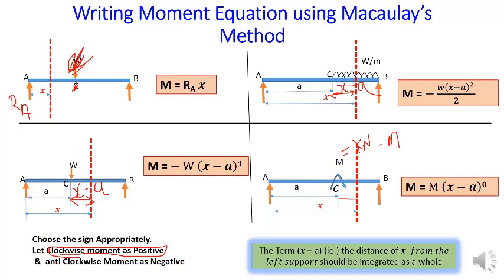Hence I use the power 0. So M equal to, if this is a clockwise moment, here it is a clockwise moment, hence M equal to M into X minus A the whole square. Right? The term X minus A, while you are using or integrating, you should consider this X minus A as a whole, not as a single.